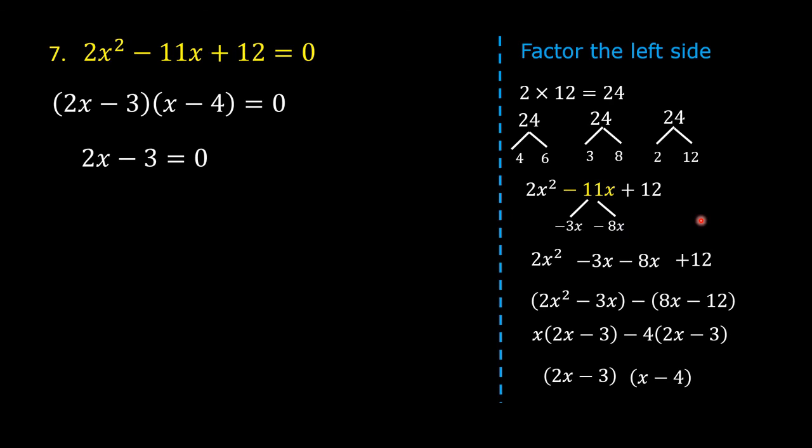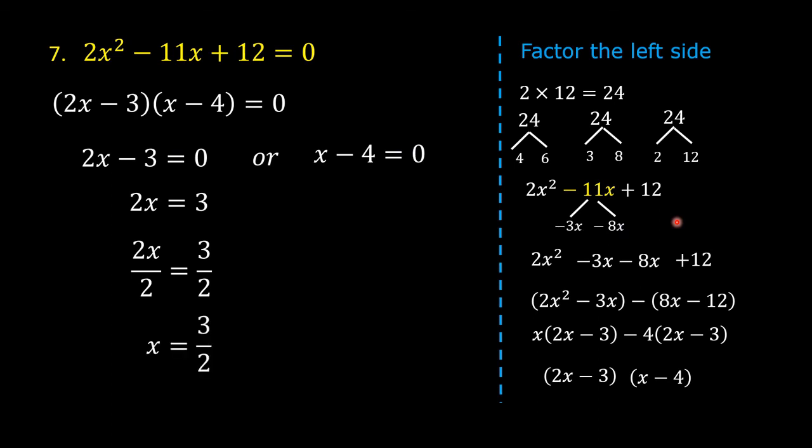Equate its factors to 0. So we have 2x minus 3 is equal to 0, or x minus 4 is equal to 0. Solve for x here. Transpose the negative 3 to the other side. Change the sign. 2x is equal to 3. Divide the left side by 2, and then the right side by 2. And then solve for x.